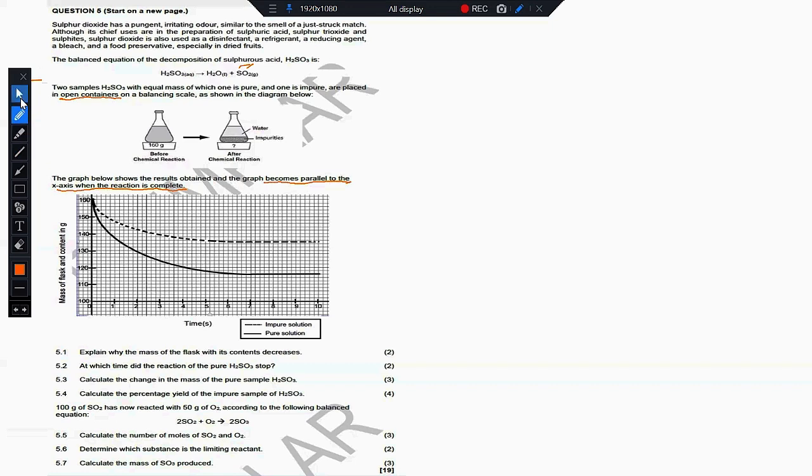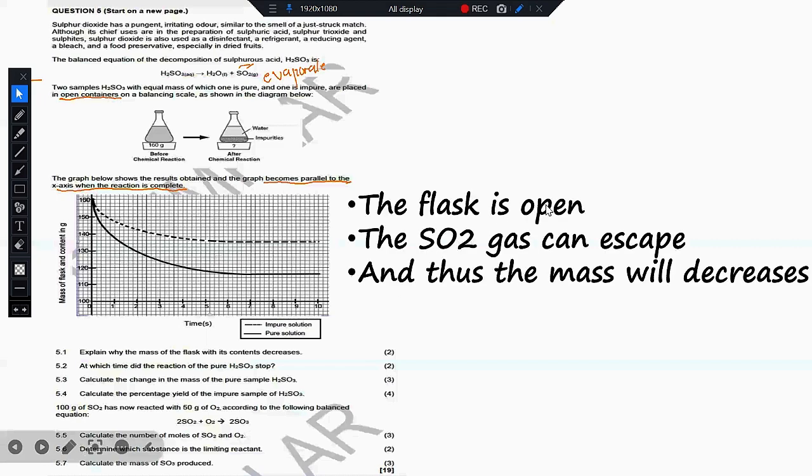If the SO2 is able to evaporate, then over time, when you check the masses of the content in the flask, you will realize that it keeps on decreasing. So our reason should be this: the flask is open, the SO2 gas can escape, and thus the mass will decrease. Right, so I hope that makes sense.